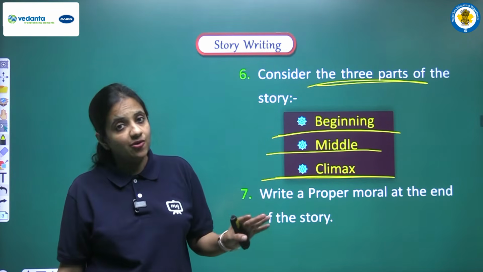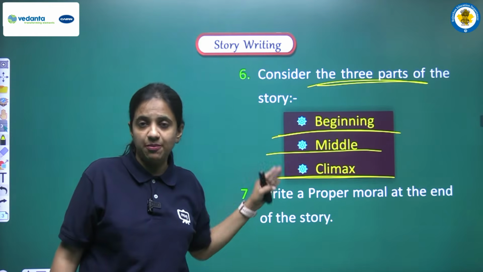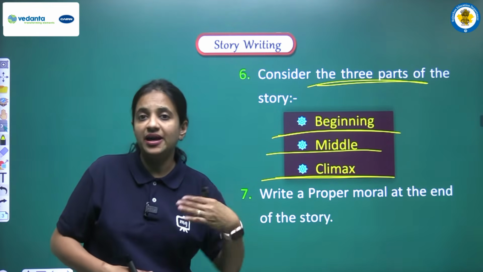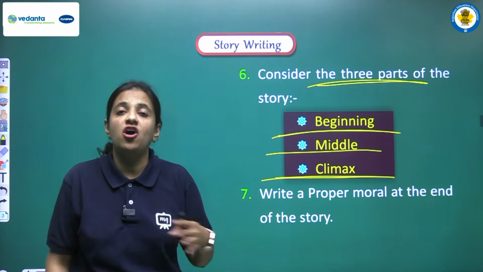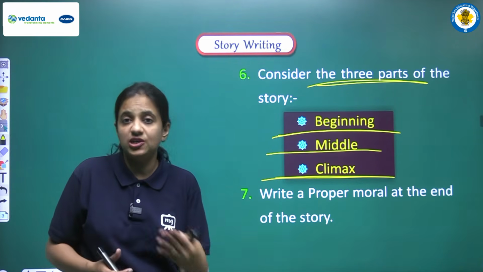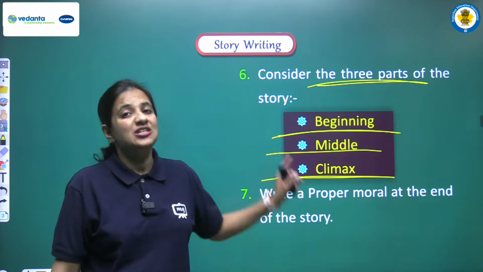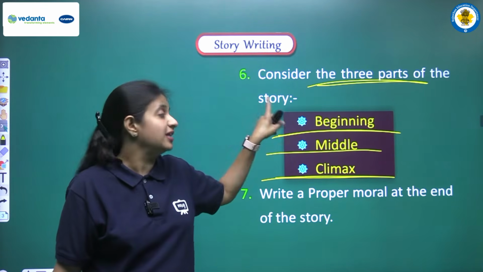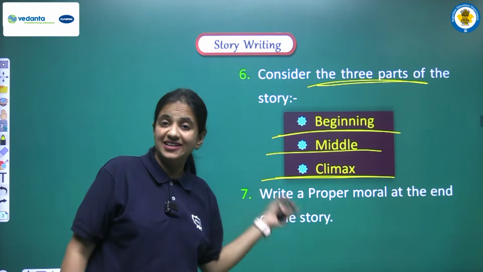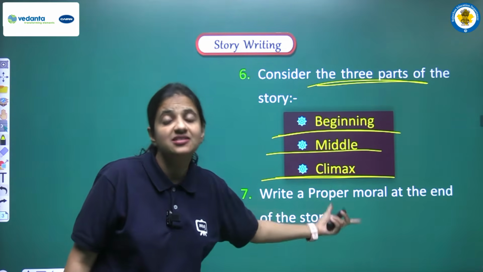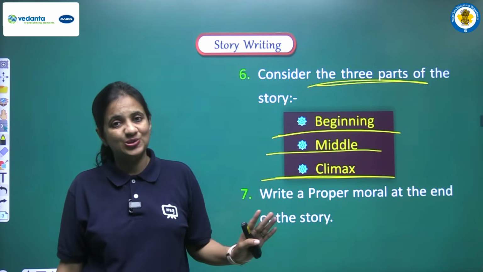We have to take care of these 3 parts, step by step, in a perfect order, considering the sequence also, then we will be able to write a perfect story. So yes, a perfect beginning, then a perfect middle, and a very appropriate climax. This should be there in our story.